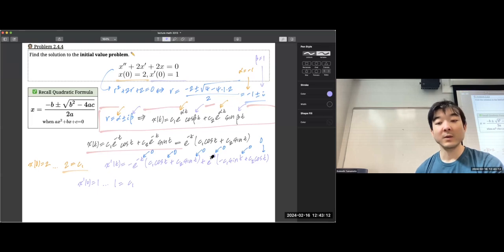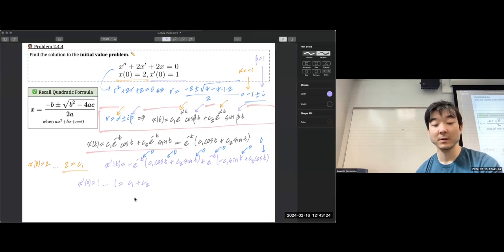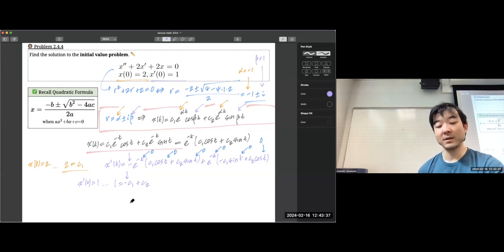Now this one, e raised to 0 is also 1. Sine of 0 is 0, so all we were left with here is C2. So you see, all the zeros plugged in will make this thing equal to just C1 plus C2. Or negative C1, sorry. There's a negative sign here. There's a negative e to the negative t, but e raised to the 0 is 1, but there's still a negative right there.